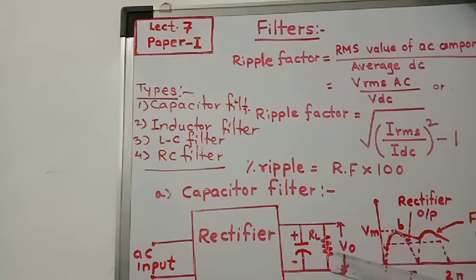Therefore, only low ripple voltage is produced across RL, but generally smooth DC voltage is obtained across the load resistance RL.